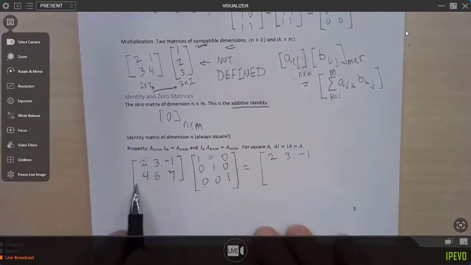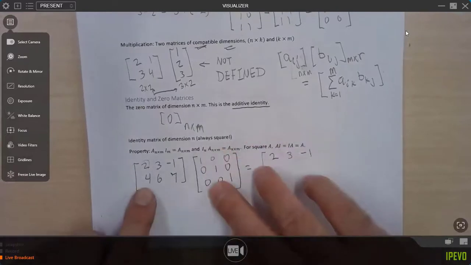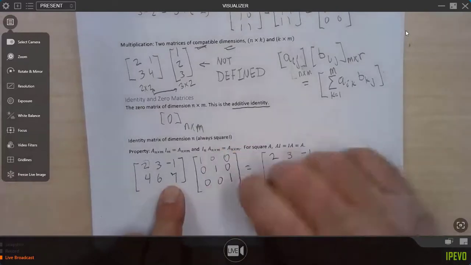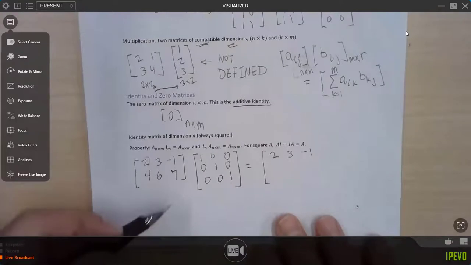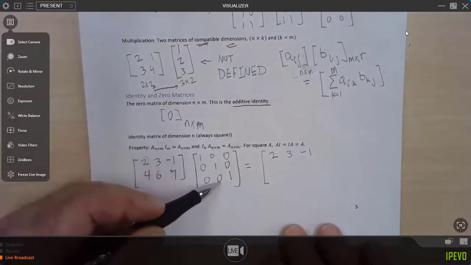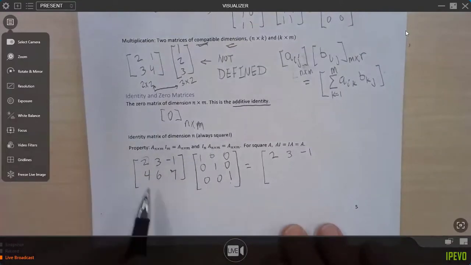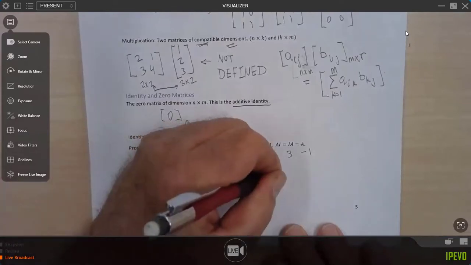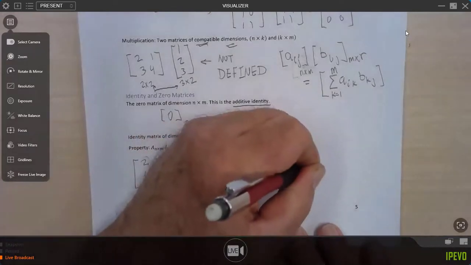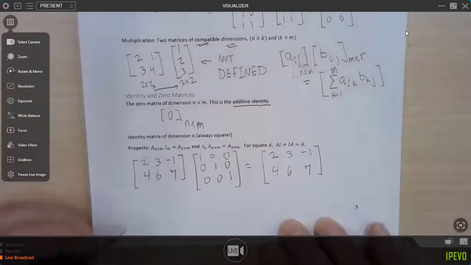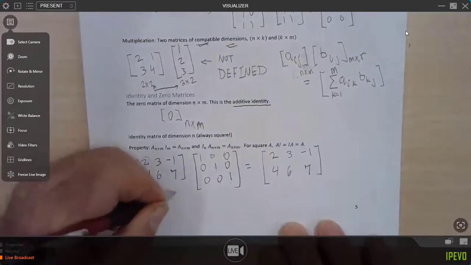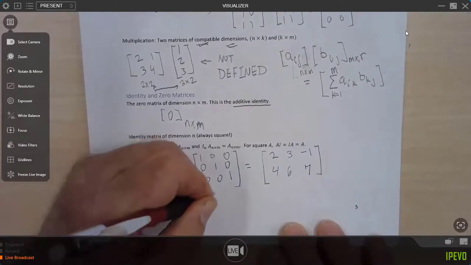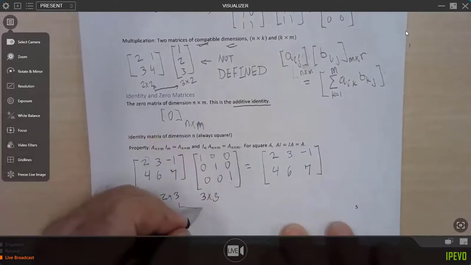Likewise, now I'm going to go for the second row. This times this is 4. 4, 6, 7 dot product with 0, 1, 0 is 6. And 4, 6, 7 dot product with 0, 0, 1 is 7. You get this thing back again. And this is 2 by 3. This is 3 by 3. And so those agree.